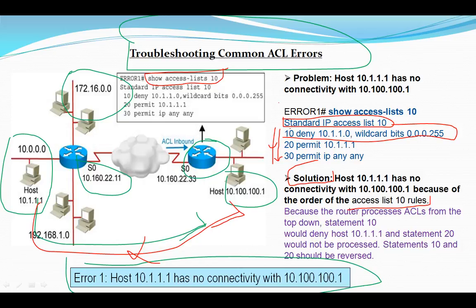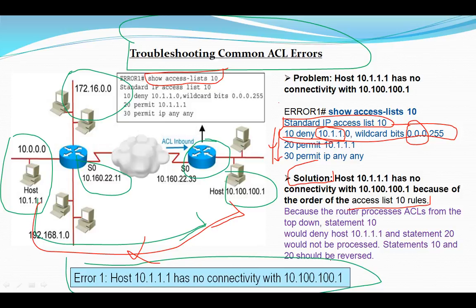On top, this is denying 10.1.1.0, and I have taken wildcard mask 0.0.0.255 here. So whatever matches these three octets will be denied. As you can see, this is the network 10.1.1, so it is blocking, and statement 20 would not be processed.